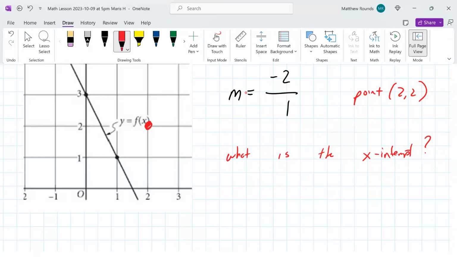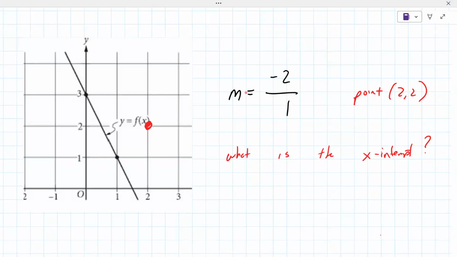5. So from this point, what is the slope in words? What does negative 2/1 mean in words?